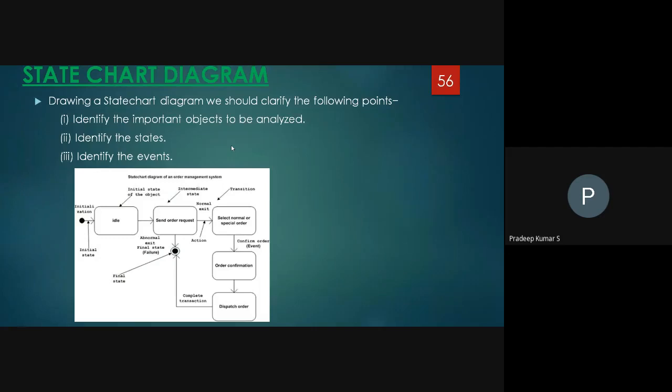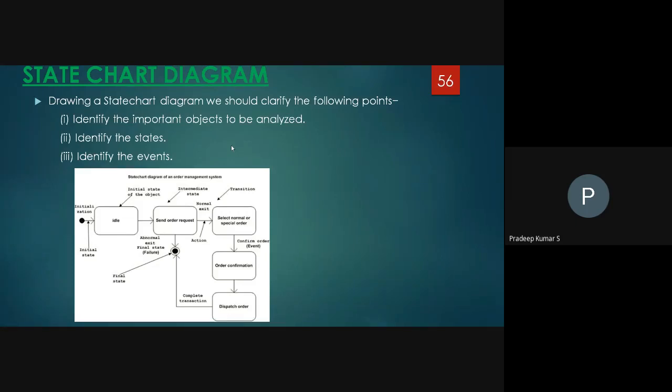Now again, just one example. Identify the important objects to be analyzed. What do we analyze from the given diagram? We identify the objects analyzed, the states, and also the events.